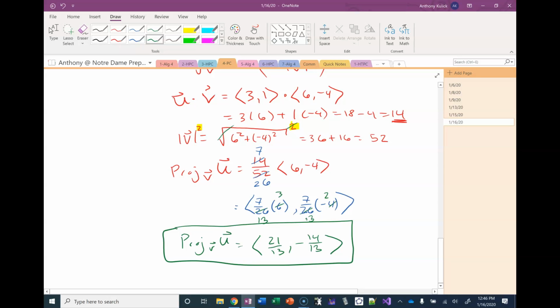Yes, Kendall? Like for this one, did we leave it in vector form because we were multiplying it by a vector? Yeah, so a vector times a scalar is always a vector. Now if you do a vector dot product another vector, that becomes a scalar. But any other of our vector operations result in a vector.